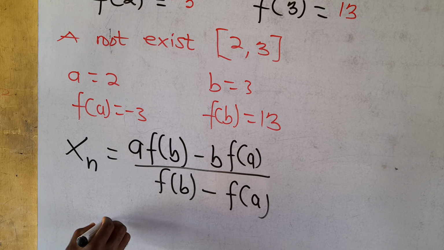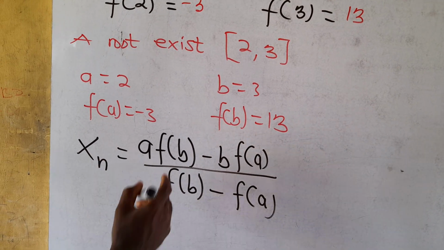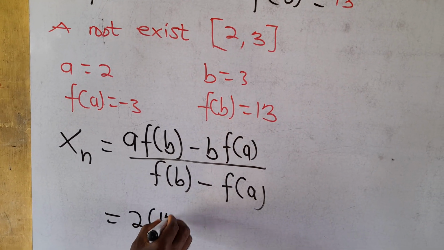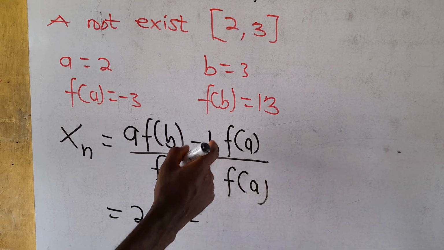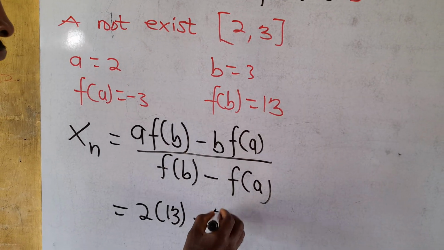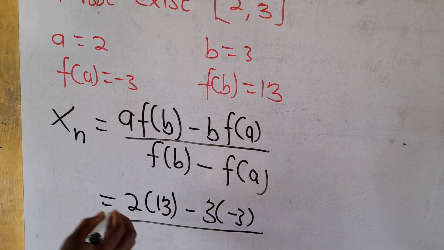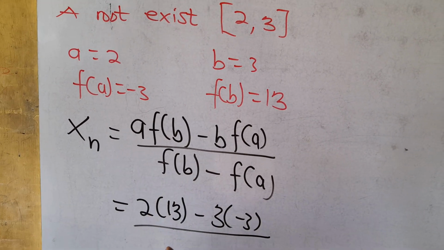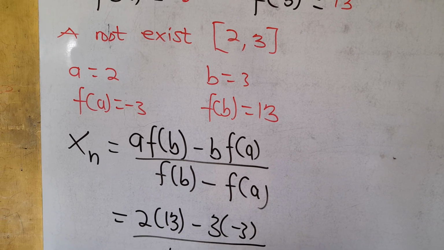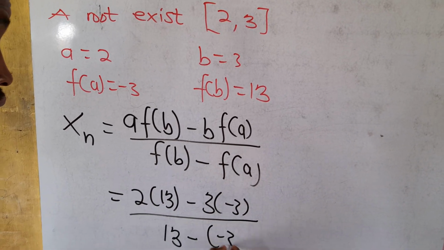So what do we do? Our a is 2, we substitute. f of b is 13, then minus b, which is 3, times f of a, which is negative 3, all over f of b, which is 13, minus f of a, which is negative 3.